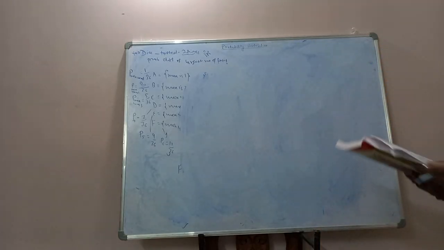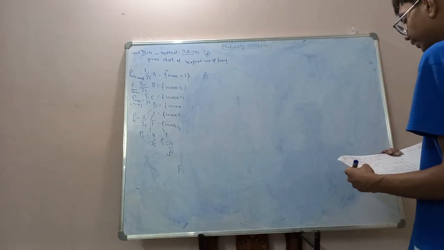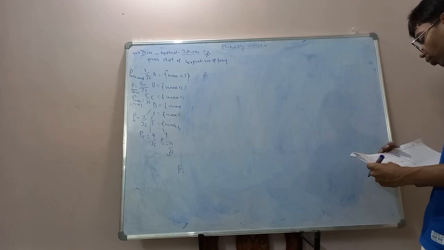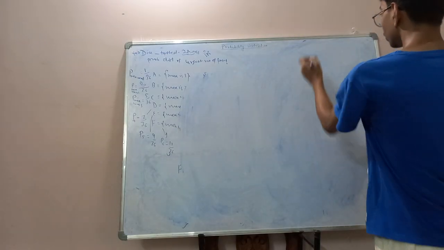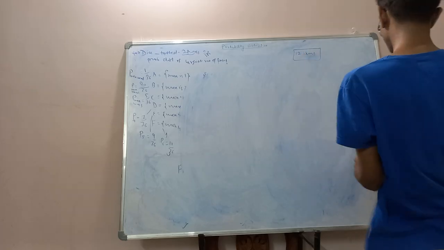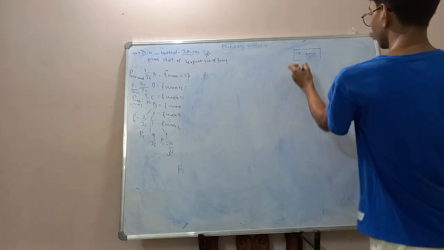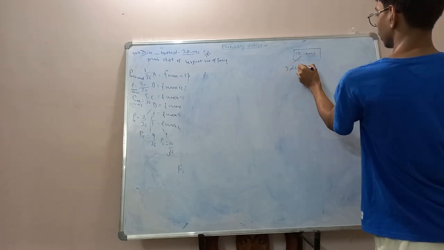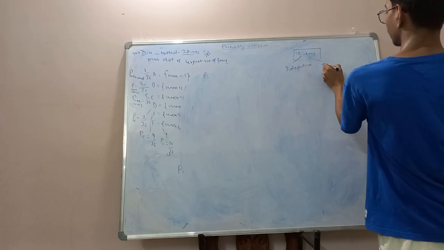My last question is: a sample of 3 items is selected at random from a box containing 12 items. So there is a box in which there are 12 items, out of which 3 are defective and 9 are non-defective.